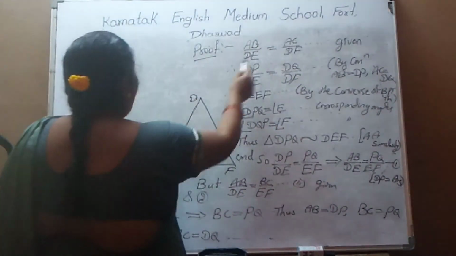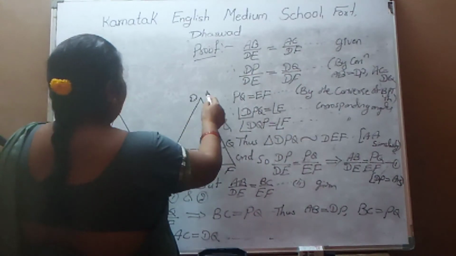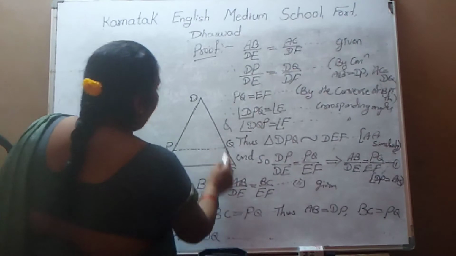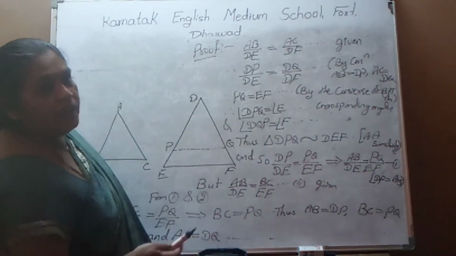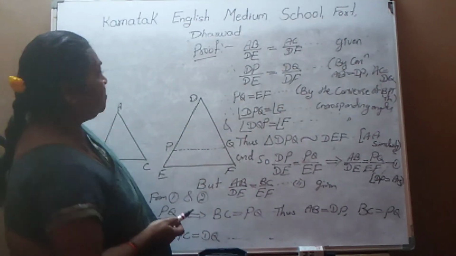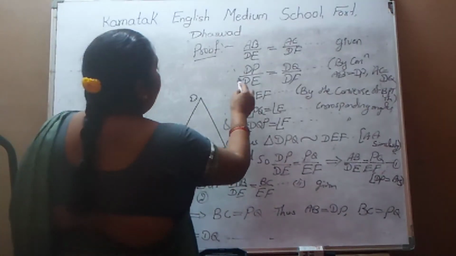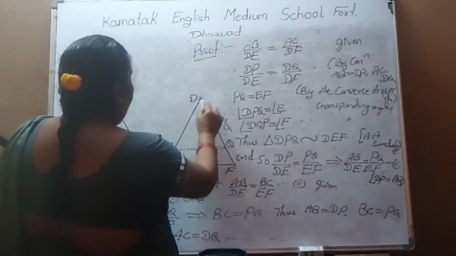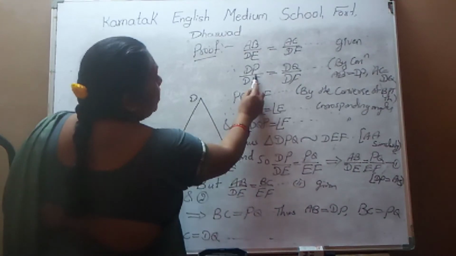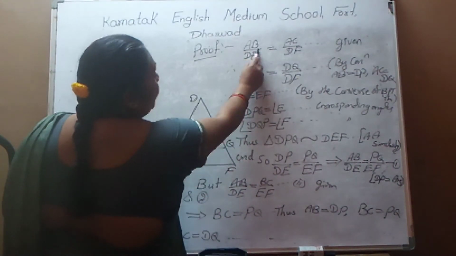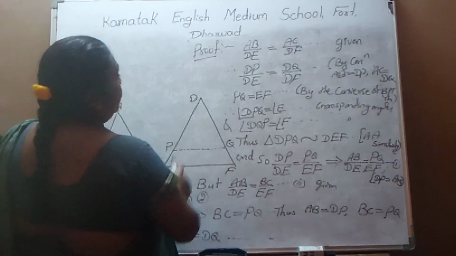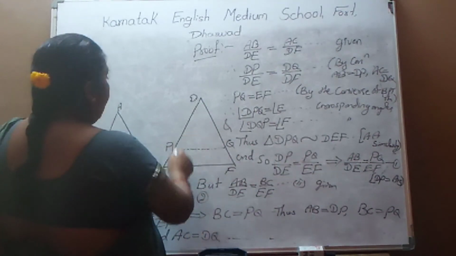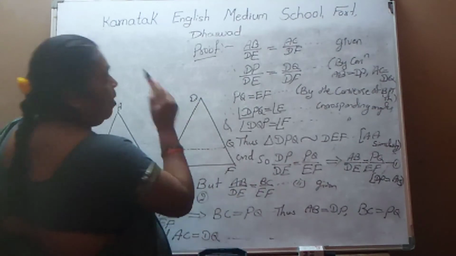AB upon DE and AC upon DF, they are already given. You already wrote given. Then, therefore, instead of AB, I wrote here DP, because by construction AB is equal to DP.